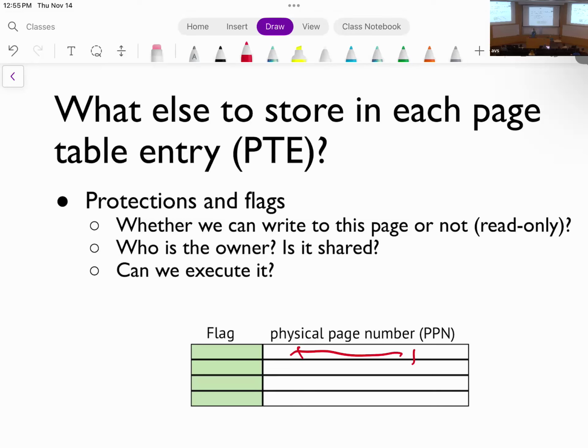These flags tell you whether you have access to read this page or not, whether you can read from this page, whether you can write to this page, whether this page should be cached or not, and so on and so forth. There are actually quite a few of these flags that you store here. So this could be multiple bits. For example, there are pages that we call uncacheable, which means there are things that we don't want to cache into my cache at any point.